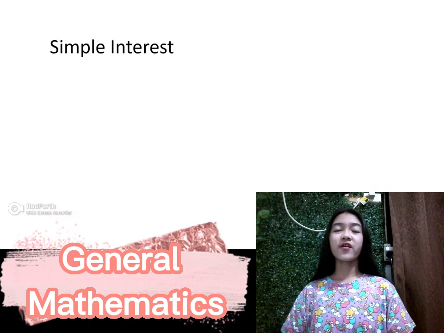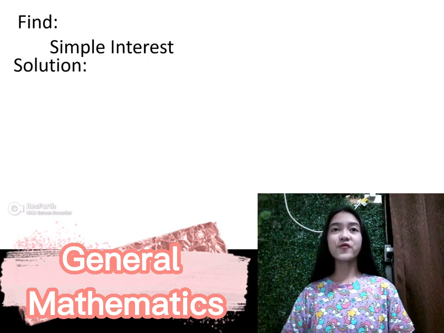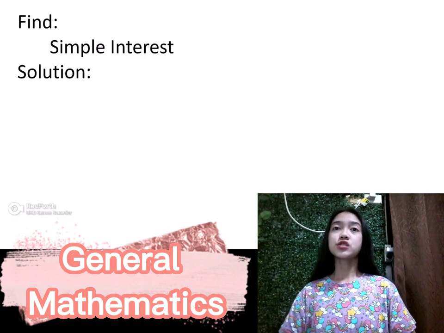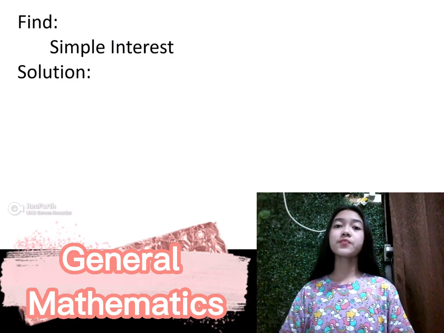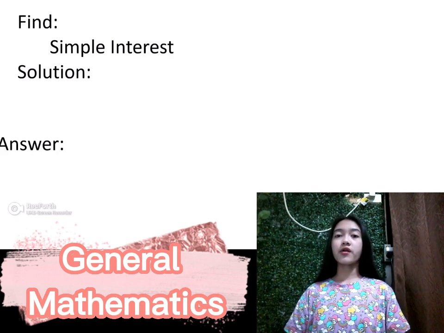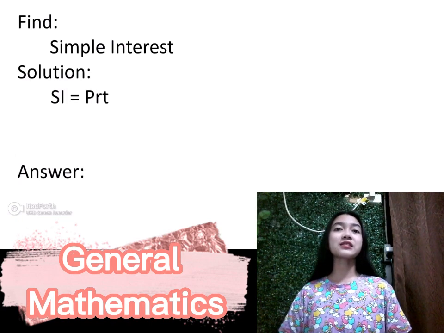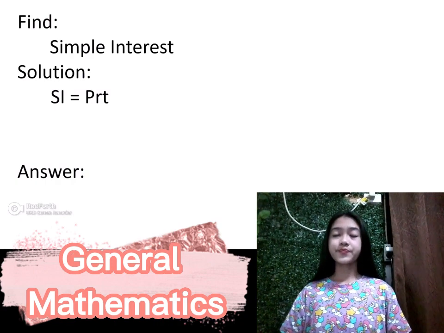Next, we will have the solution. We will have to write the formula for simple interest first, which is SI = PRT, or simple interest is equal to the principal times the rate times the time.